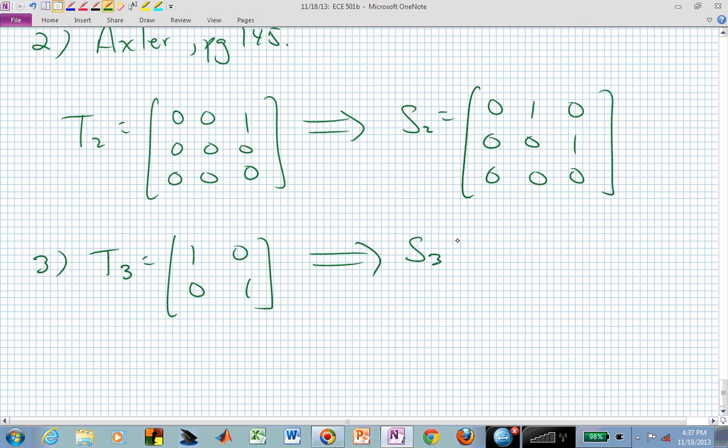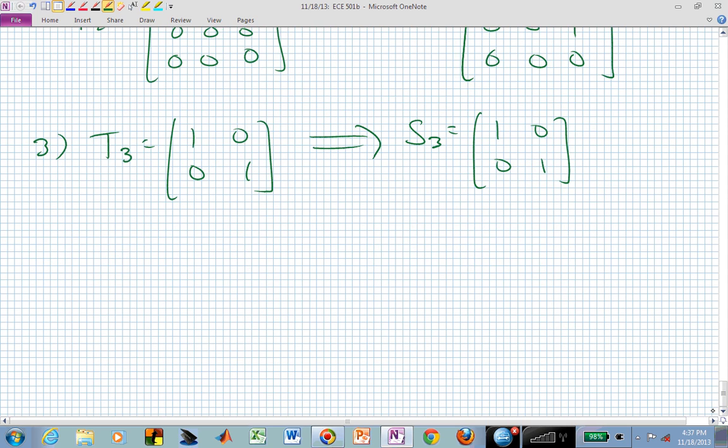I know it'll take you a couple of years to figure out what that square root's going to be. Or it could be both negatives if you wanted to, but this is the positive square root of T sub 3. What about T sub 4 being a diagonal of 2, 3?